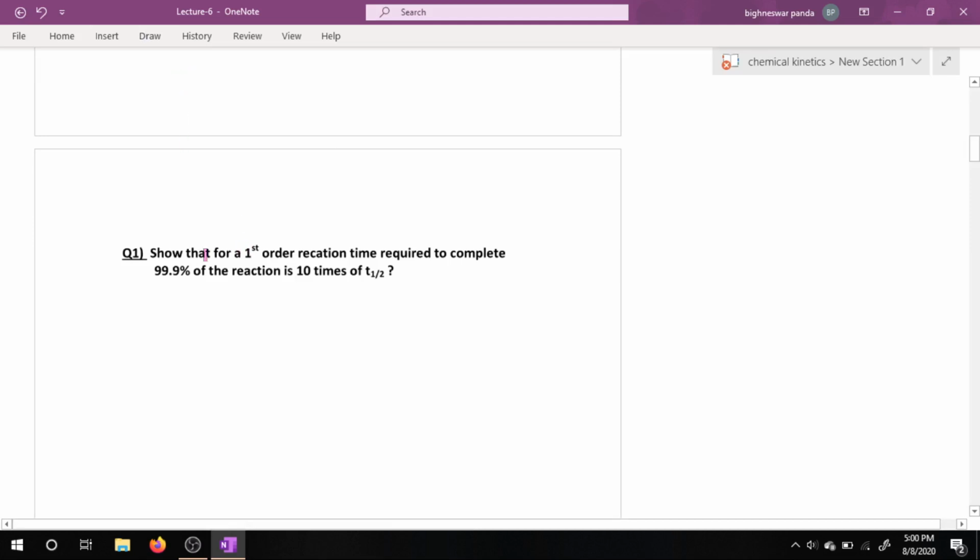Here is the problem. For a first order reaction, the time required to complete 99.9% of the reaction is 10 times t half.